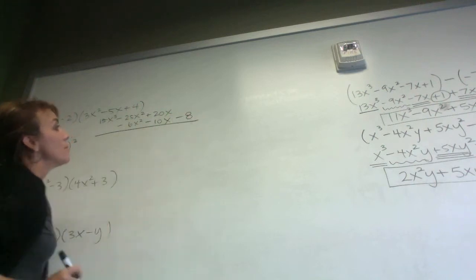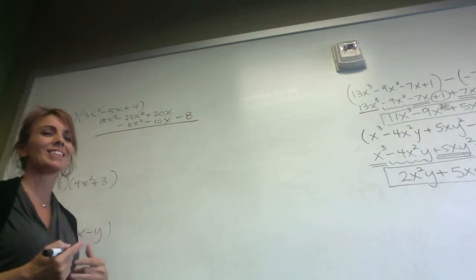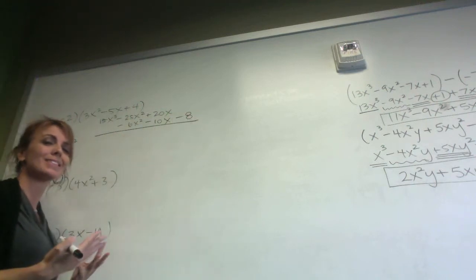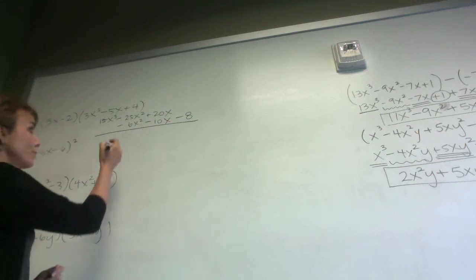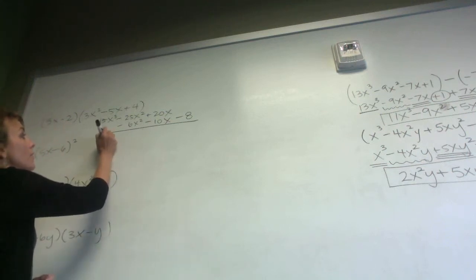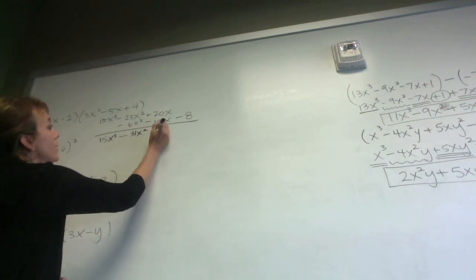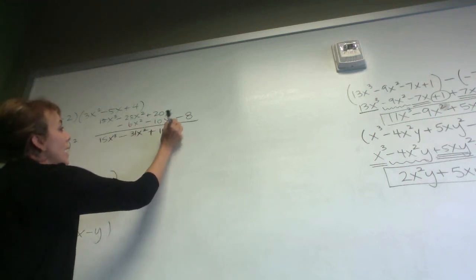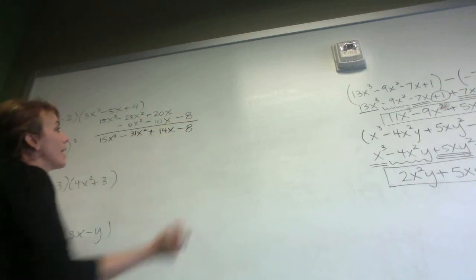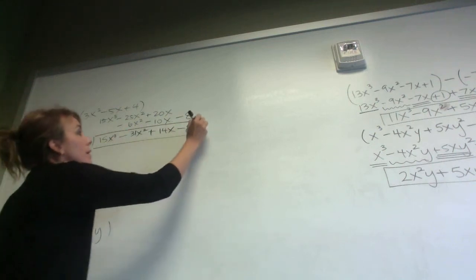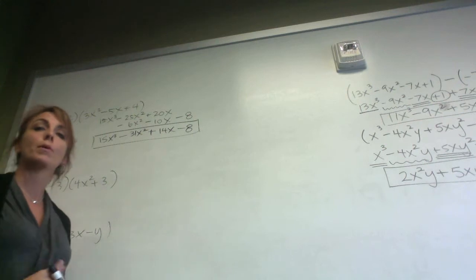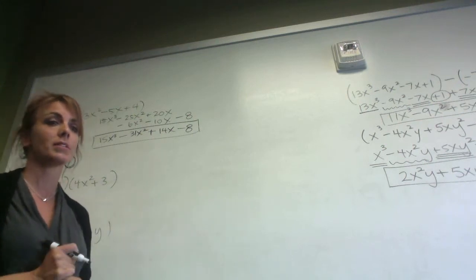Now if I combine the like terms, notice that I have grouped them already. I can see what needs to be put together, and I end up with 15x cubed minus 31x squared plus 14x minus 8. And that would be my solution when I multiply these two polynomials together.